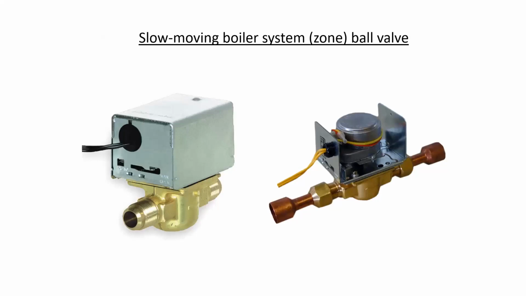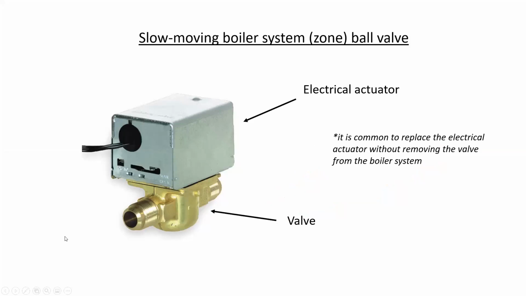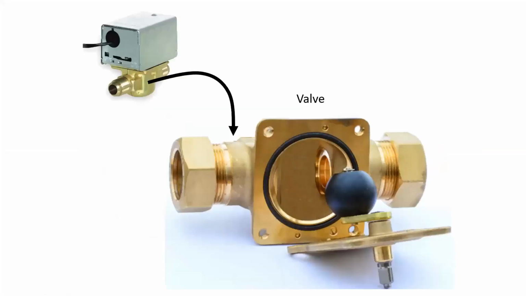Here is an example of what we could expect on a boiler system ball valve. Inside this zone valve, we can really separate it into two separate items. There's the electrical actuator and the valve body itself. And it's very common to replace the electrical actuator without removing the valve from the boiler system.